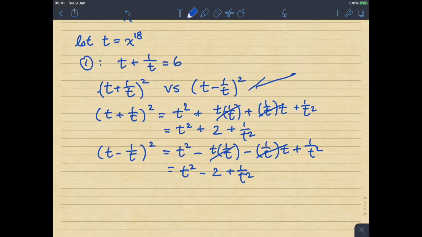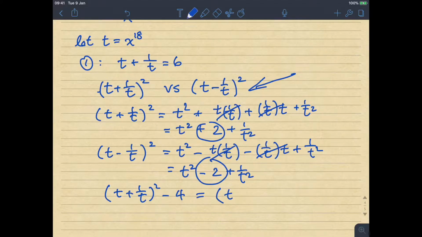Okay, so if we look at the relationship between these two, t plus 1 over t all squared and t minus 1 over t all squared only differ by 4. So if we take away 4, we would get t minus 1 over t all squared.